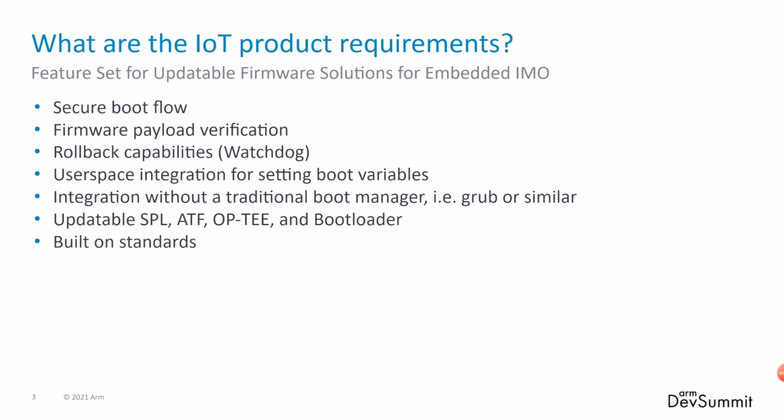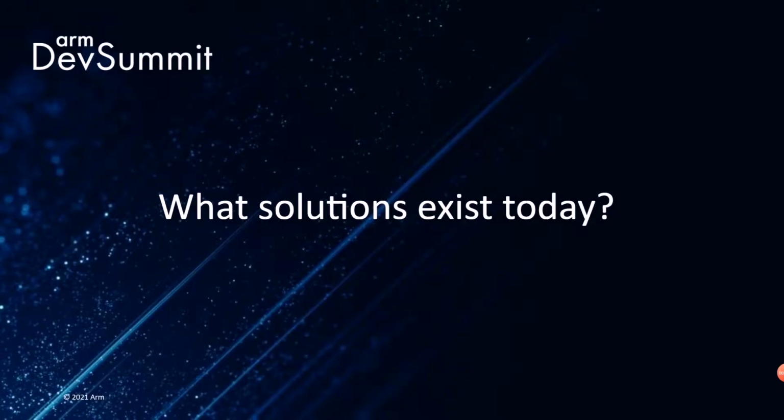So the other part of this is we need to be able to update absolutely every other piece of firmware that is present on the device. So if you're running SPL, if you're running ATF, OP-TEE, and any bootloader that you may have after that, that all needs to be updated. And ideally, this is all built on standards.